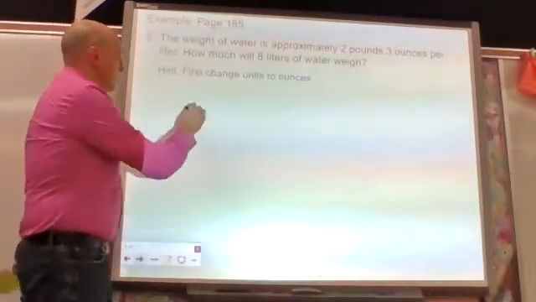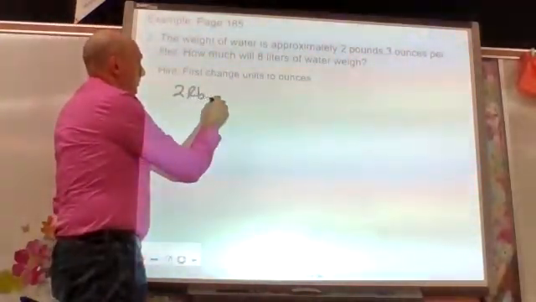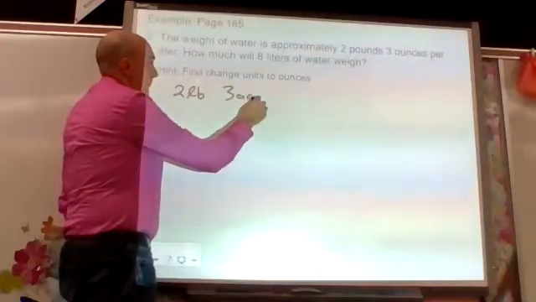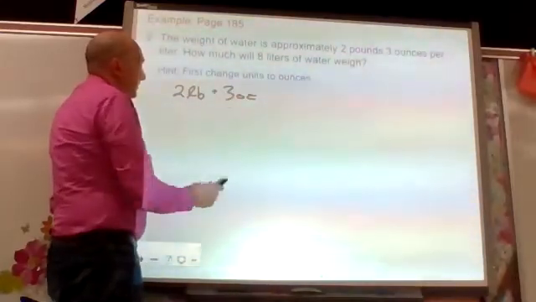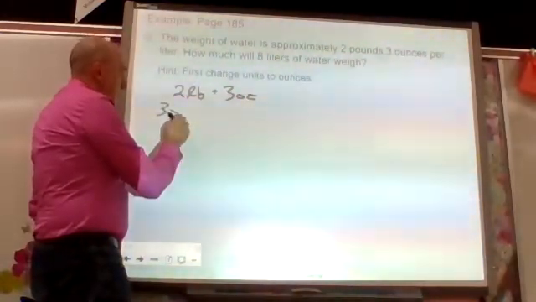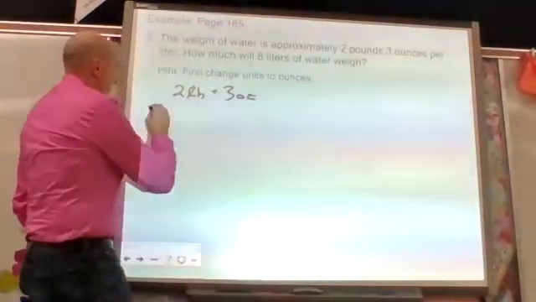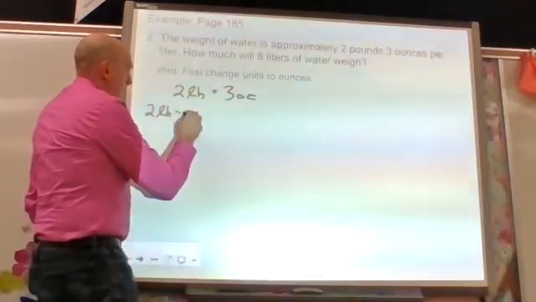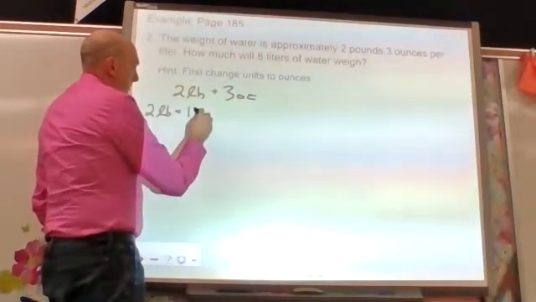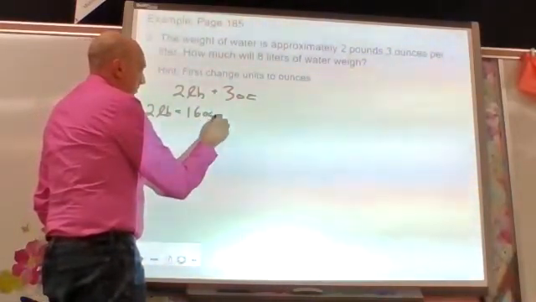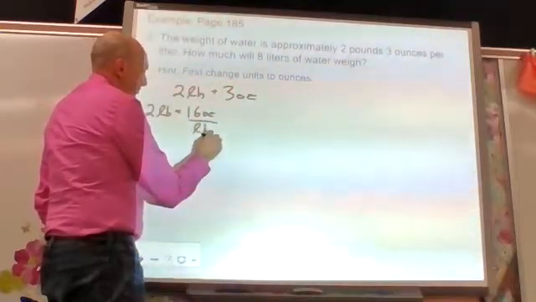So 2 pounds and 3 ounces is going to be 2 pounds times 16 ounces per pound.